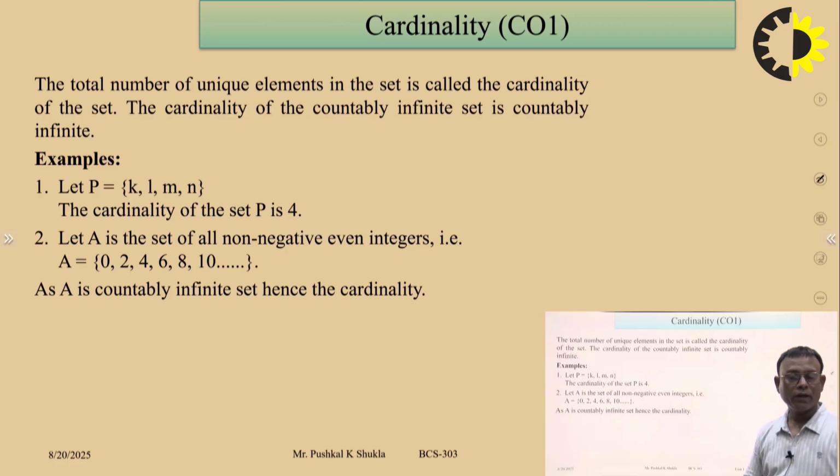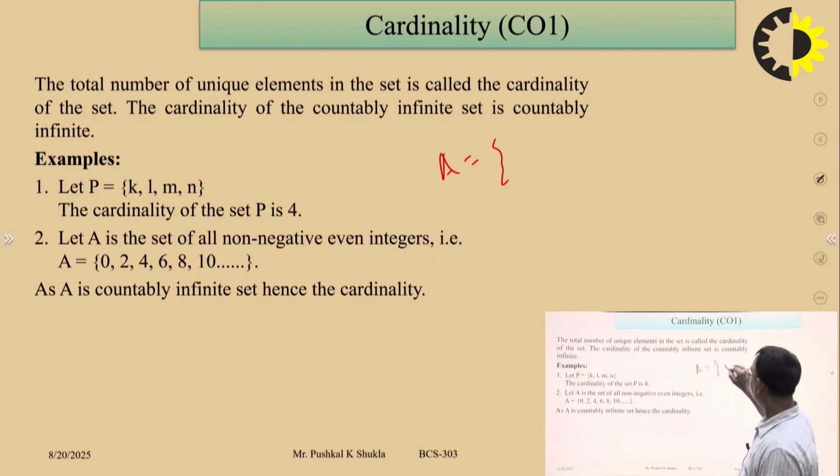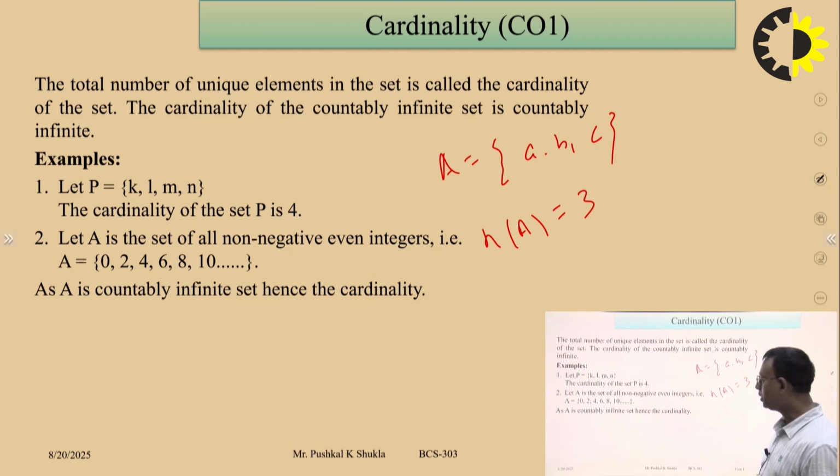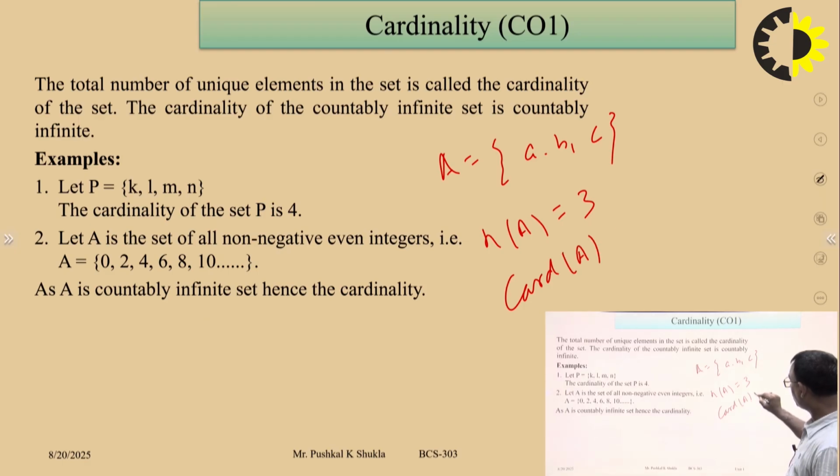Like A equal to {a, b, c}, so the cardinality of set A is 3, and it can be represented by the number of elements in set A. We can write the cardinality of A like this, or also like this: cardinality of A equal to 3.